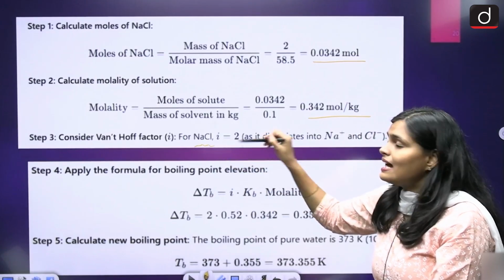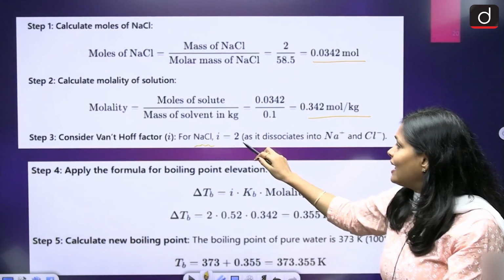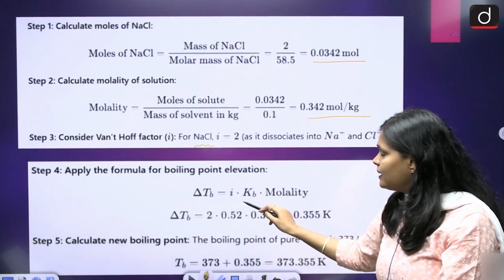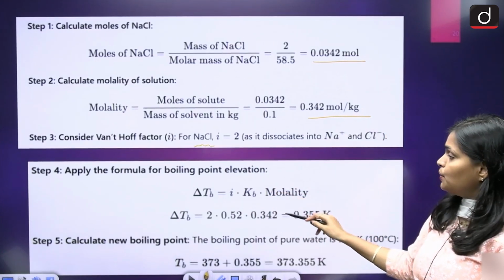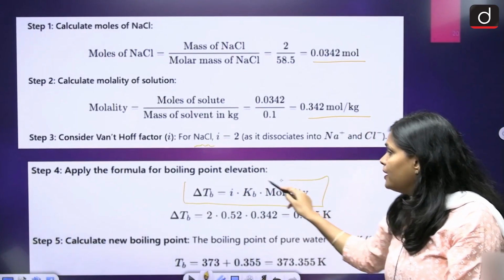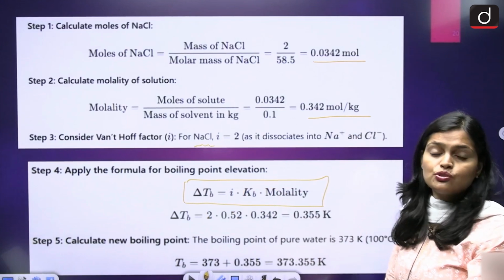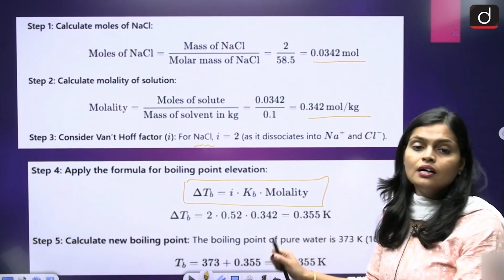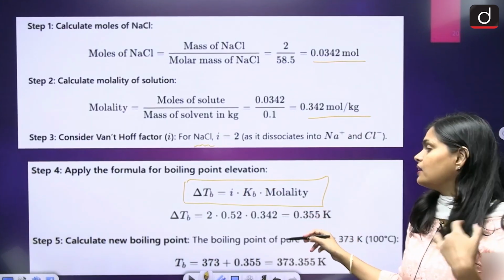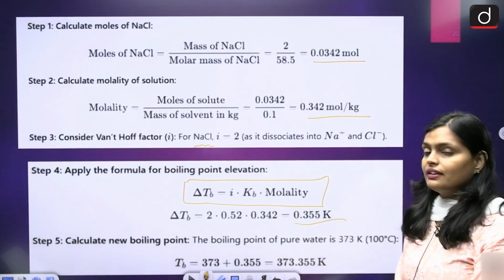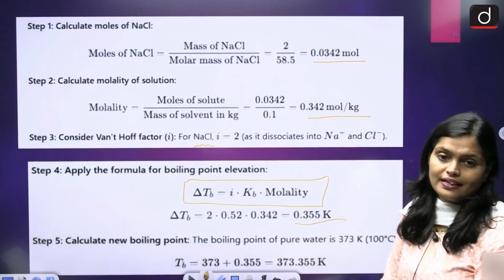Since NaCl has 2 ions, the value of i is 2. Now applying the formula, delta Tb is equal to i Kb into molality. This is the formula of boiling point elevation, where small i is the van't Hoff factor. We will discuss it later. So delta Tb is equal to 2 into this, and you will get the value 0.355 Kelvin.